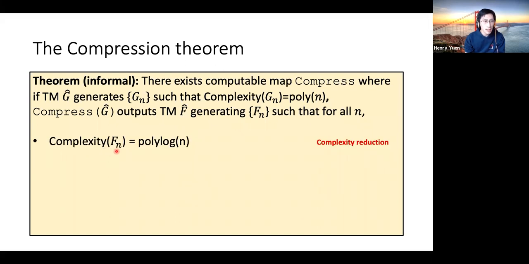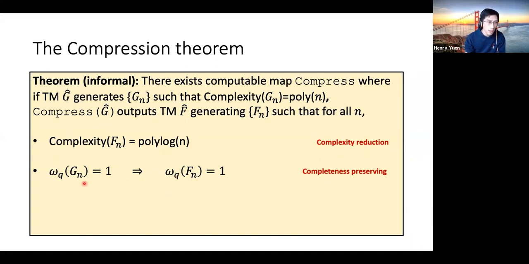Well, the complexity of each of these Fs is not poly(n), but actually polylogarithmic in n. So it's much smaller. So there's some complexity reduction. And the relation between the G's and F's is this completeness preserving property: if the value of G sub n is 1, then so is F sub n.